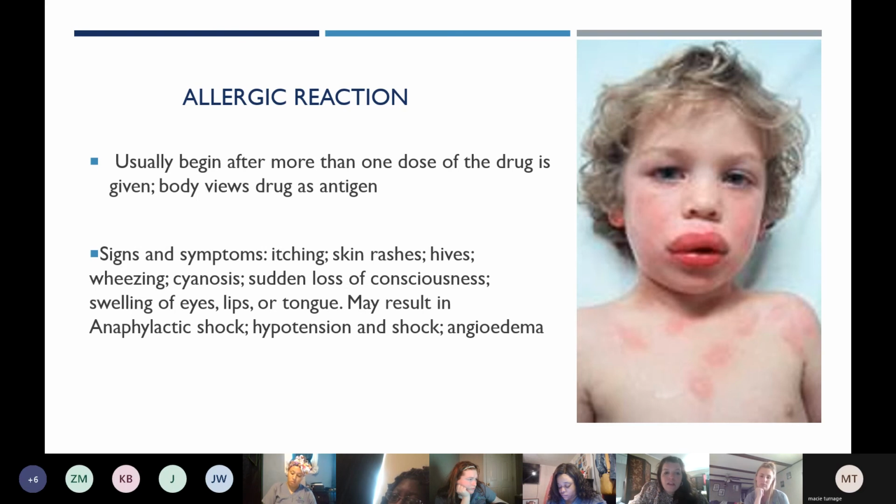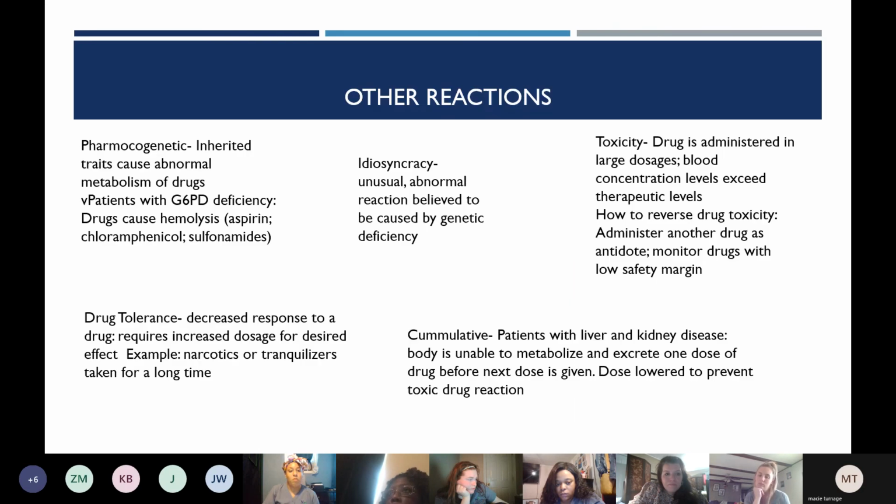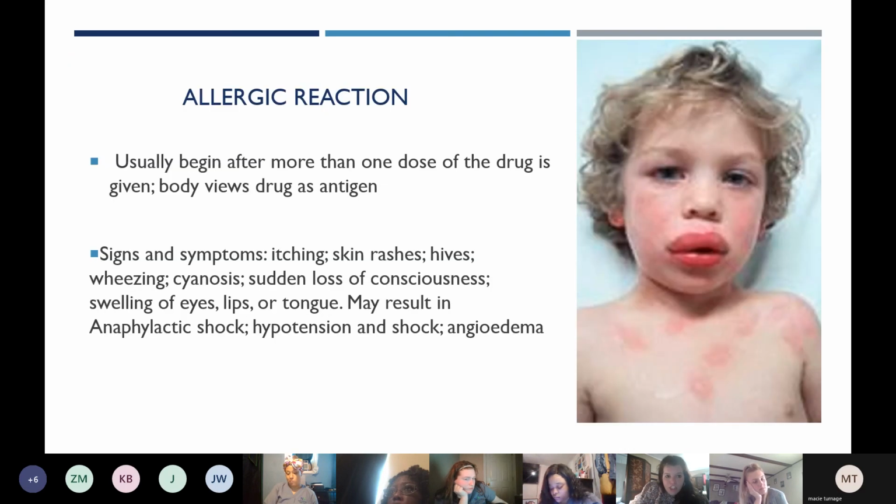Blood pressure drops, your airways close, you have angioedema, swelling around the mouth, your pressure bottoms out, and it affects your respiratory system. So that is the biggest one that we're always going to look for. Of all the different types of reactions, allergic reactions are going to be the primary thing that we're looking for.